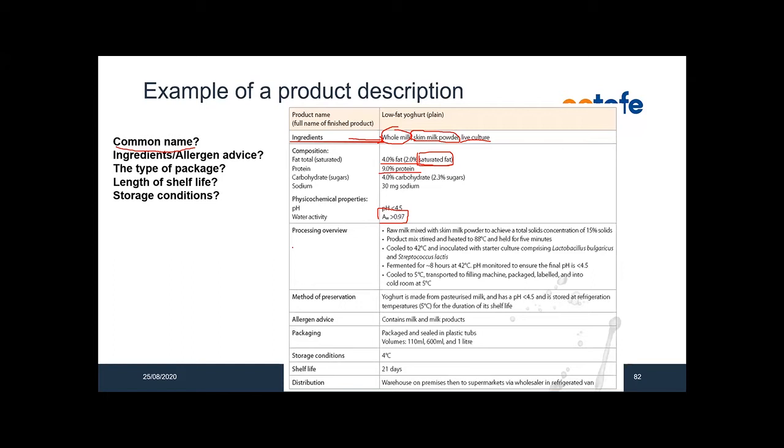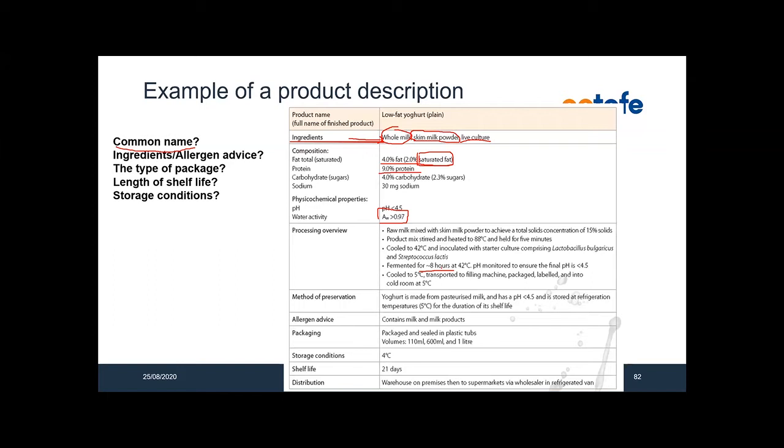Then cool that down to 42 degrees and inoculate with starter cultures comprising lactobacillus and streptococcus, those 2 types of bacteria, and then ferment for about 8 hours. Of course, this depends on how much culture or bacteria you have put in there. At 42 degrees, pH is monitored to ensure the final pH is 4.5. Then cool it down to 5 degrees, transport to the filling machine, pack it, label it, and move it into the storage room.